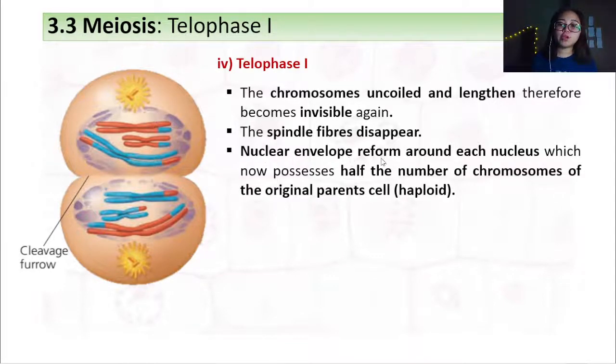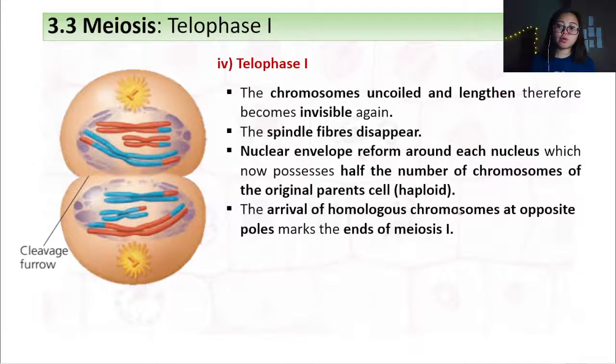Nuclear envelope will reform around each nucleus, which now possess half the number of chromosomes of the original parent cell. Ayat ketiga, nuclear envelope terbentuk semula. Sekarang setiap ini adalah 23, it's haploid. Okay, so it is, in this diagram, it is 3 chromosome.